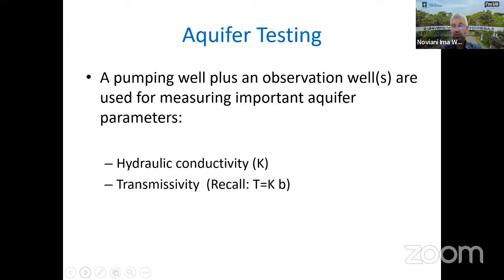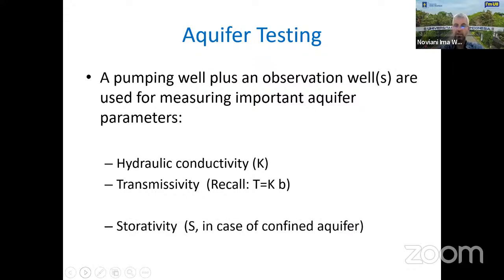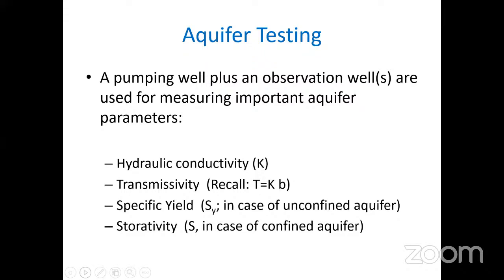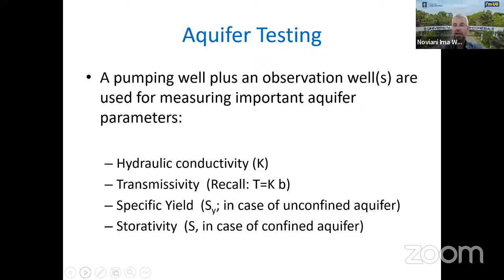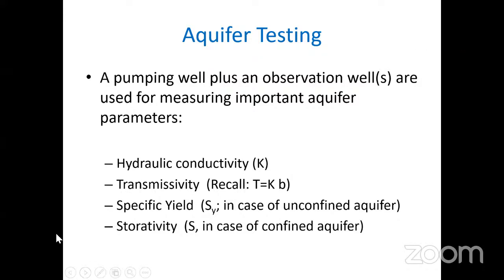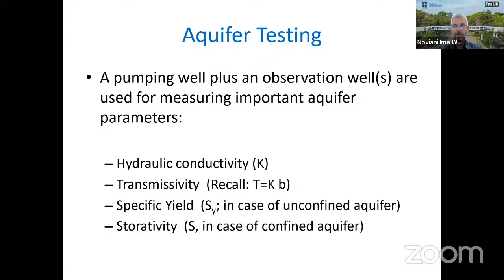So transmissivity, T, is simply the conductivity times how thick the aquifer is. So the thicker the aquifer, the higher the transmissivity. So these two are very important parameters. Another parameter is storativity. That's a parameter you would use in a confined aquifer, or specific yield in the case of an unconfined aquifer. So these are our important parameters that we try to get from conducting an aquifer test.